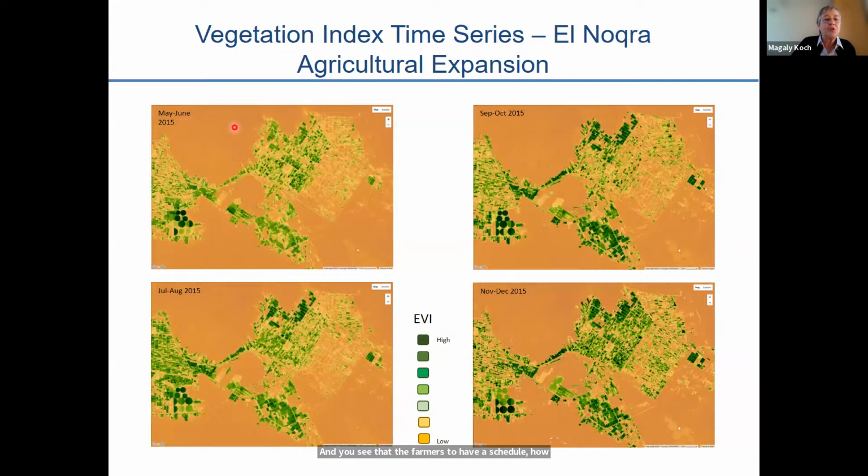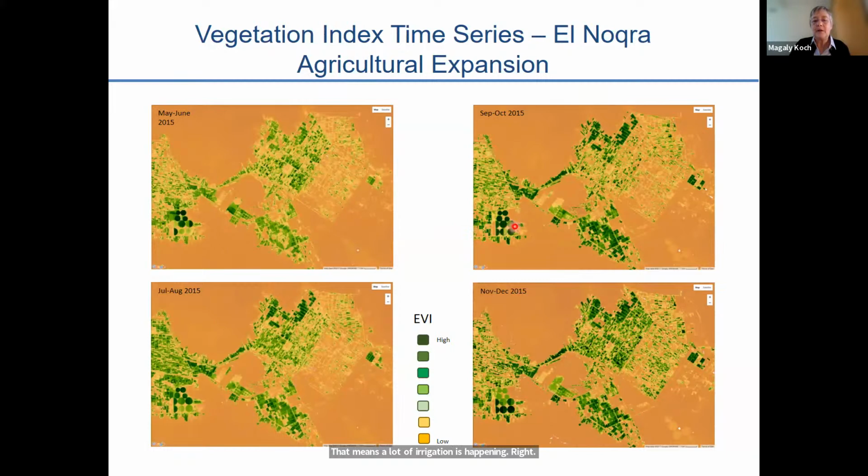So in May, June, which is basically the start of the very hot summer, certain fields show that they have crops, and others are in fallow, right? As we move to July, August, we see that some fields become very green. That means a lot of irrigation is happening, right?